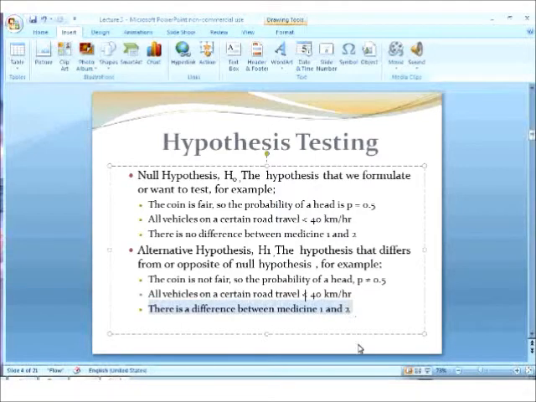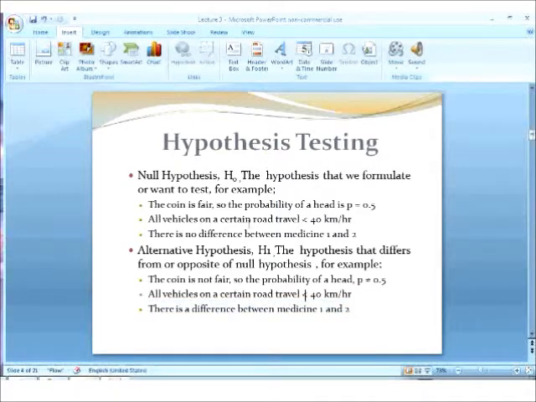So this is quite self-explanatory that whenever you have a null hypothesis, which is your basic hypothesis, which is your basic problem that you want to solve, or the results that you want to see, you always have an alternative hypothesis. So for example, you say that the mean rainfall in Karachi in the month of July is 5 inches.